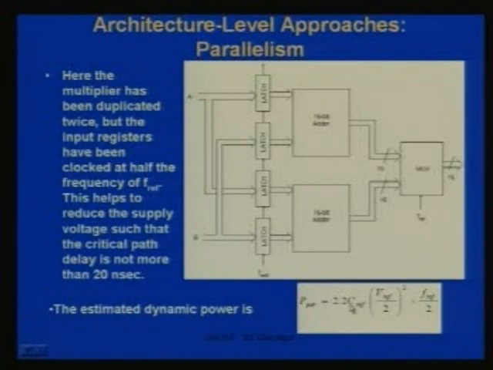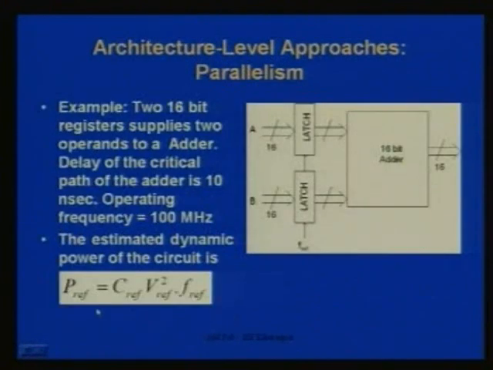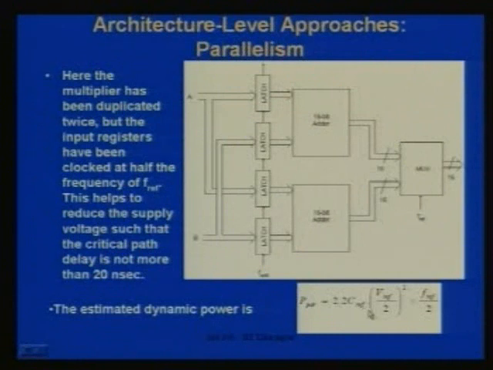So, the capacitance has now become 2.2 C reference, but the supply voltage is half, so it becomes V reference by 2, and the operating frequency is now F reference by 2. If you multiply, with respect to your P reference, how much will it become? The factor will be 2.2 by 8, roughly 1/4.